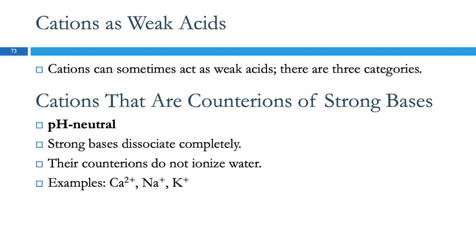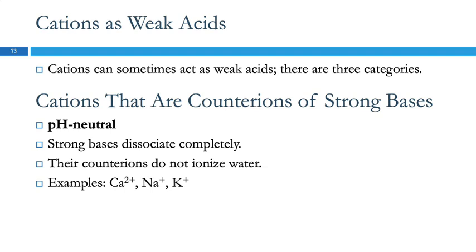Let's talk about cations. Cations can act as weak acids, and there are 3 categories. The first one we'll talk about is cations that are counterions of strong bases. These are pH neutral. So just like with the strong acids, the counterion does not act as a weak base.